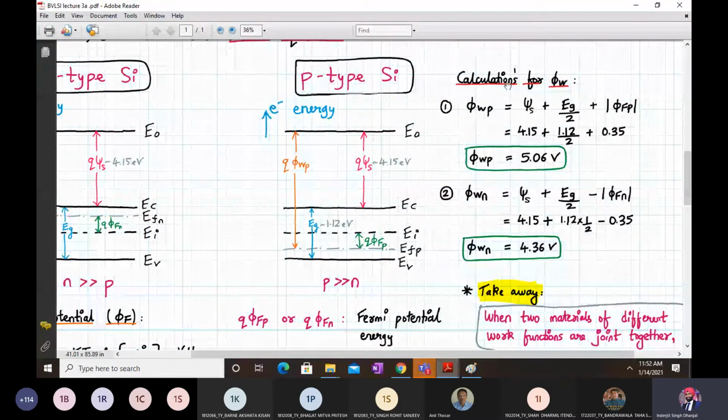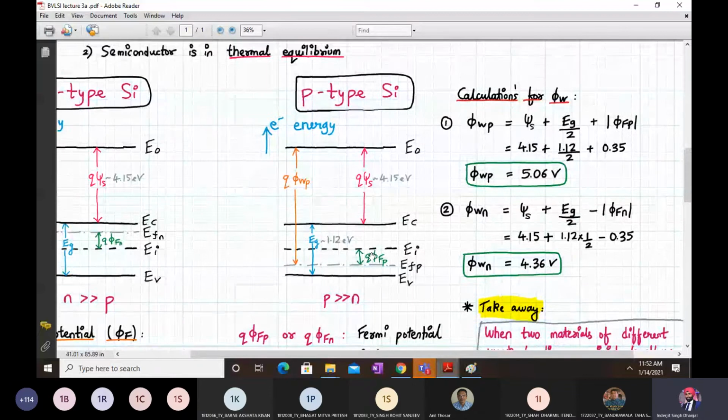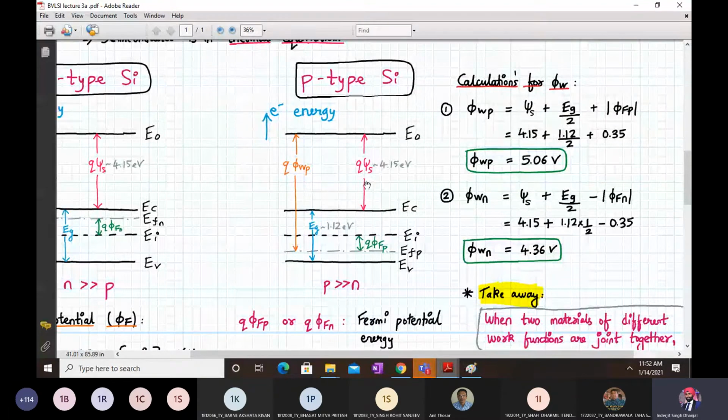We are calculating only the potential, which is why we write it like this, dividing the entire thing by q. We write psi S plus Eg by 2 because Ei is in the middle.